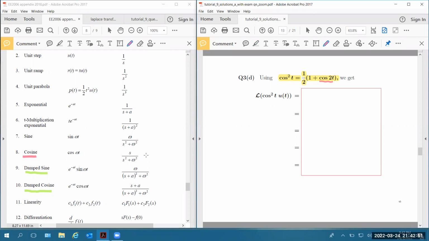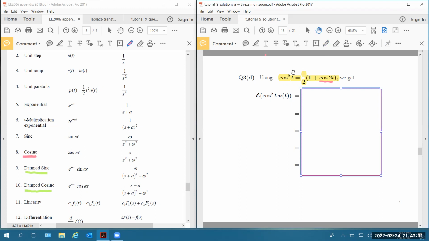So if you use this formula, then it will be good. So this one you need to make use of trigo formula.